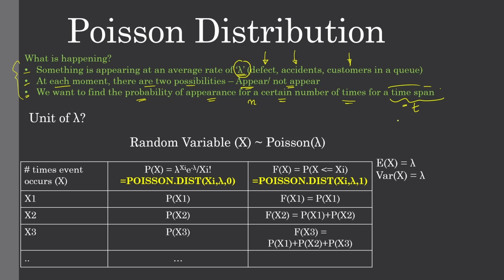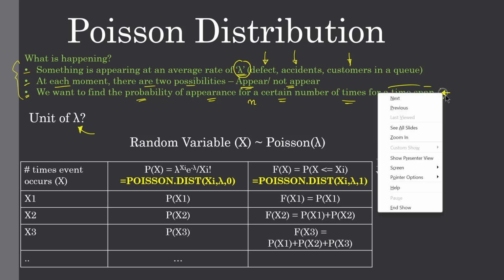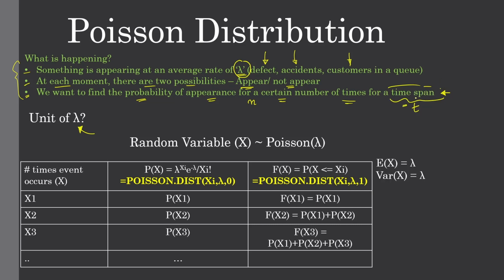And from there, it is very important to define the unit of lambda. Why? Because you see in the question itself that we are going to solve contains a time span. So we are not just trying to find the probability of appearance for a certain number of times.